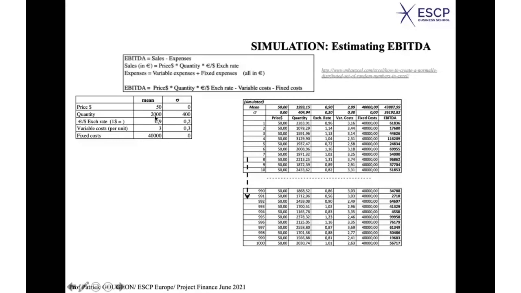For instance, for the quantity, we have assumed a mean value of 2,000 and a standard deviation of 400. So you have 1,000 values here, which are distributed normally with a mean of 2,000 and a standard deviation of 400.